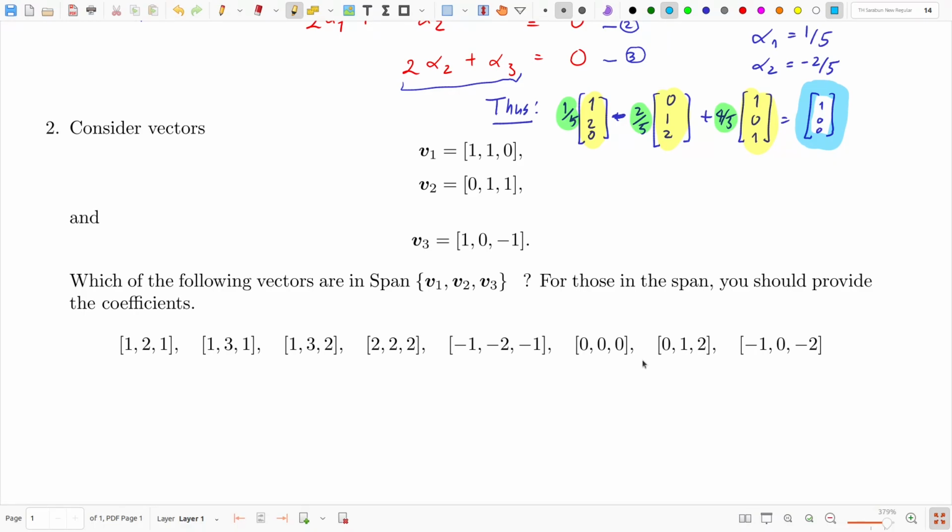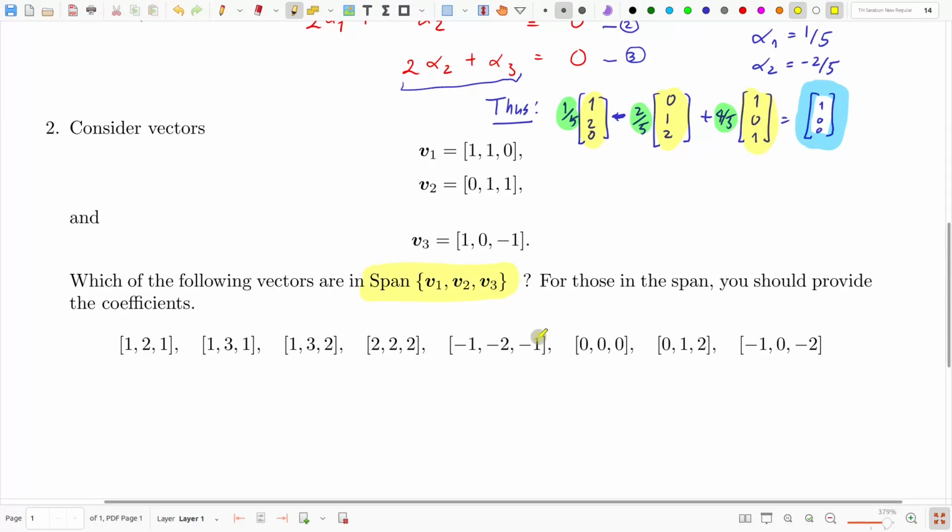If you take all linear combinations, we get what we call a span. A span of this set of vectors is the set of all linear combinations of these three vectors. So the second question asks you to check this bunch of vectors and see if they are in the span of these three vectors or not.